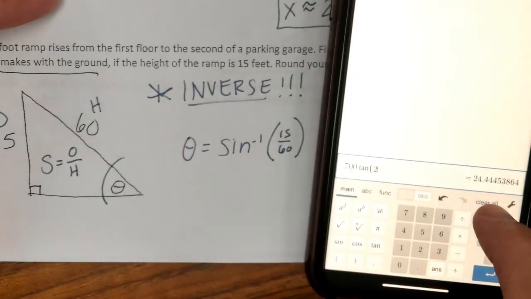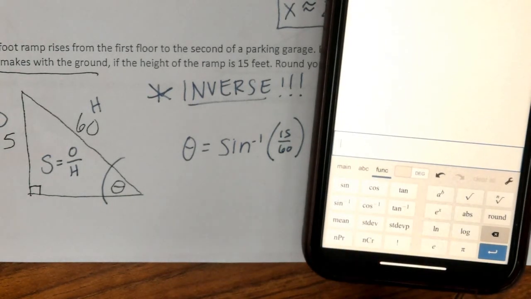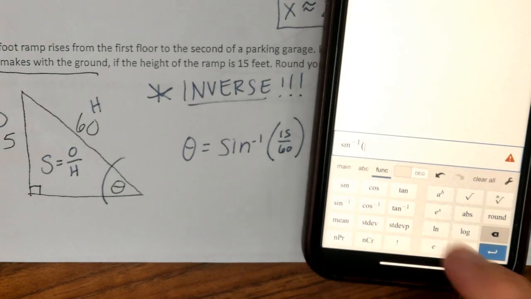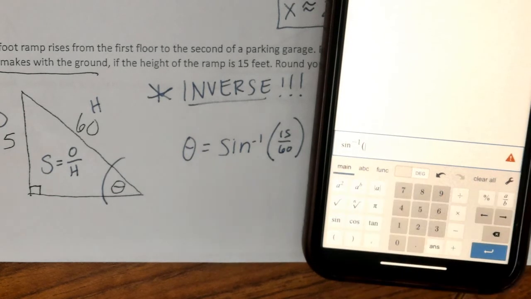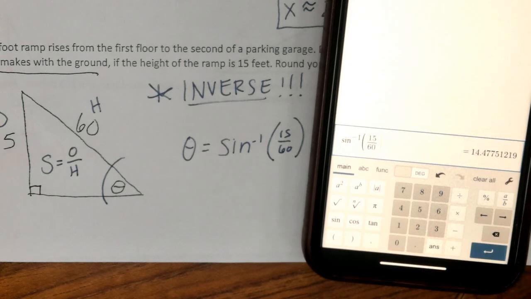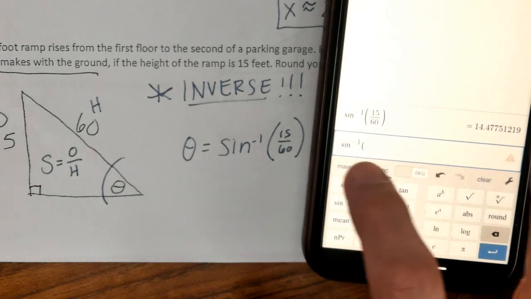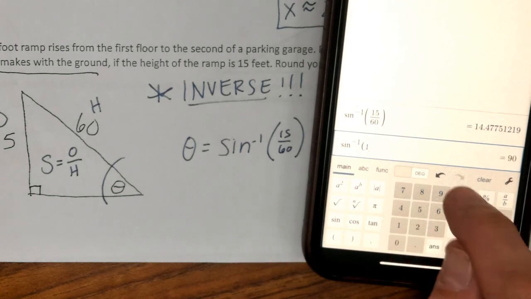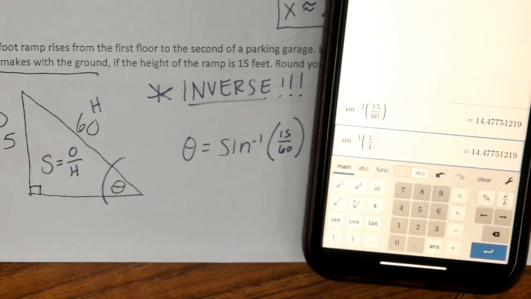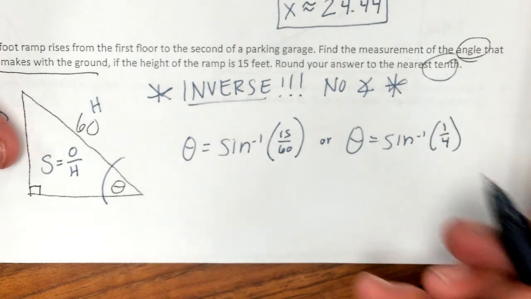So back over here, I'm going to push my clear all. Go to my function so I can get my inverse. Inverse sine of, I'll just do the 15, go back to main, 15 divided by 60. Okay? Watch. Same thing here. Inverse sine of 1 divided by 4. Same exact thing.